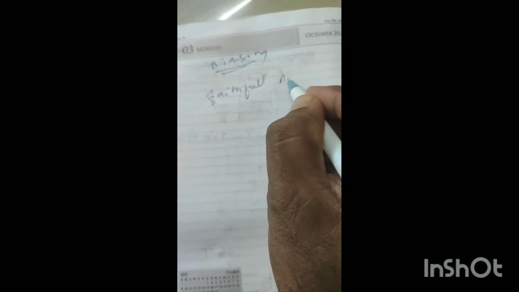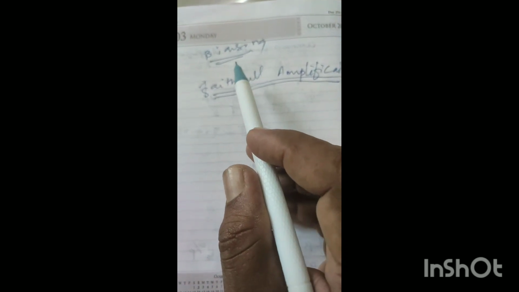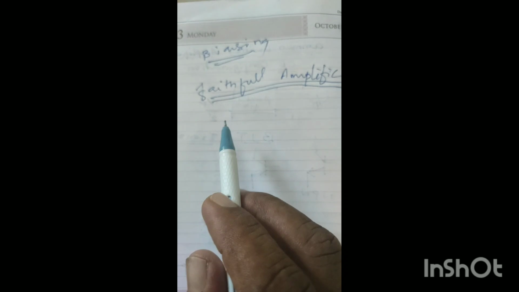In my last video I explained about the faithful amplification. In order to achieve the faithful amplification, we should properly bias the BJT. Later we will define what is meant by biasing. Just we have to remember what is faithful amplification.